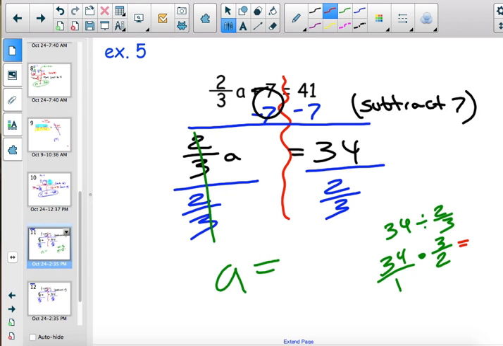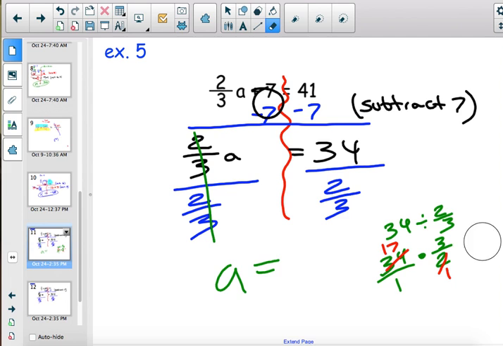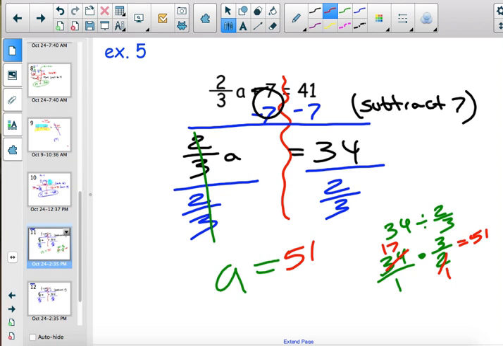Well, this is going to become, I'm going to cross simplify. 2 goes into 2 once. 2 goes into 34 seventeen times. 17 times 3 equals 51. So I get 51. Did that way work? Yes.